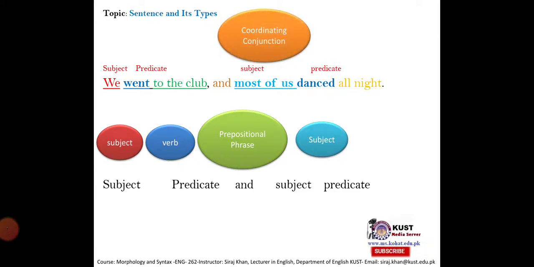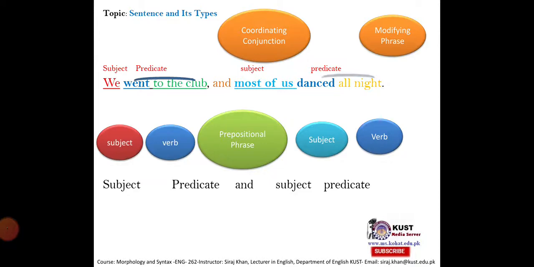Most of us is another example of the independent clause. Danced is a verb, all night is a modifying phrase. So in the first clause we are having a subject followed by a predicate, went to the club. Most of us is a subject, danced all night is a predicate of the second independent clause.